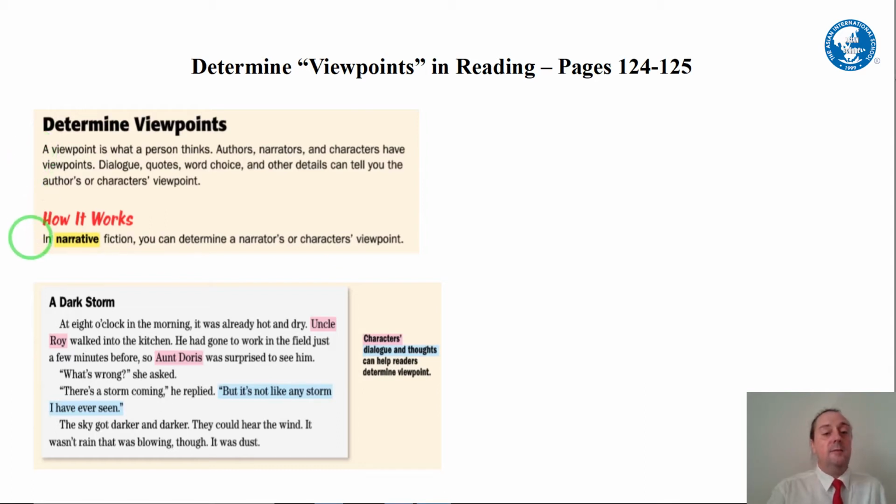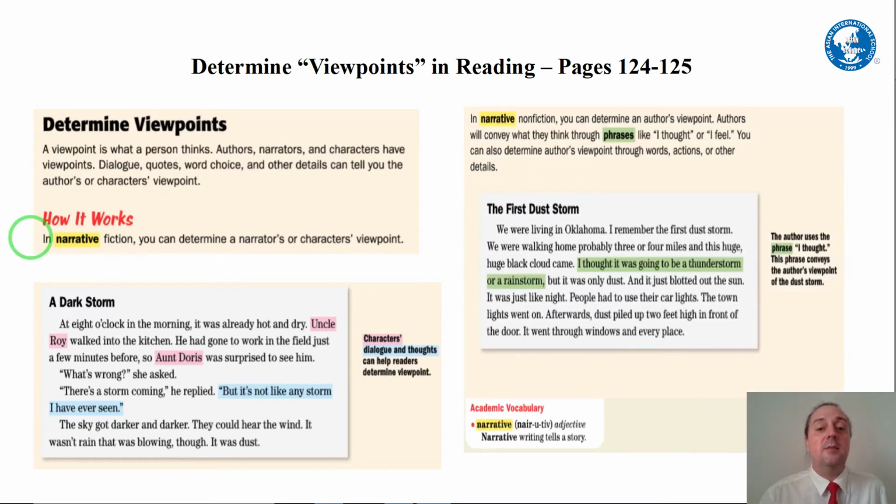In narrative fiction, we can determine the character's or narrator's viewpoint. You see down here, narrative is when we're telling a story. So we determine the viewpoint by understanding what it is that the narrator or the character is saying.